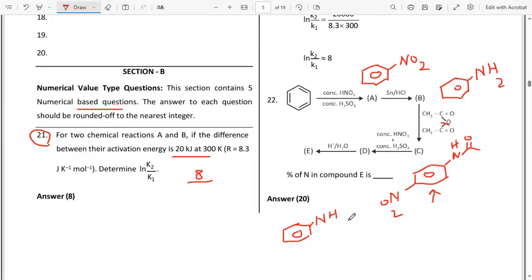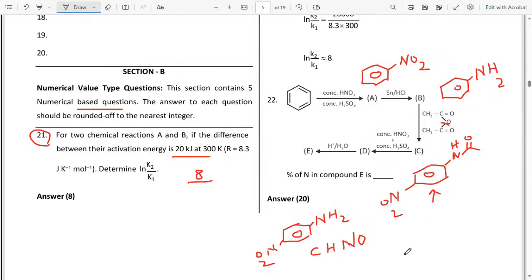Now you will get NH2, and here NO2. It is not going to be disturbed. So how to do? C6H5N2O2. So write like this, CHNO. Percentage of nitrogen in compound E, right?